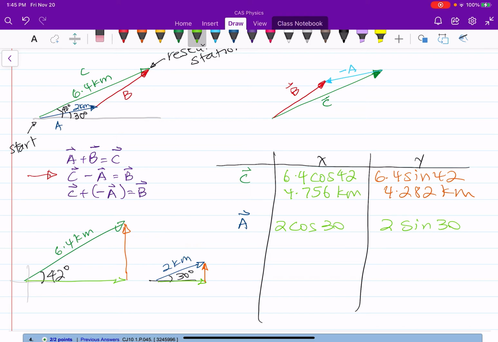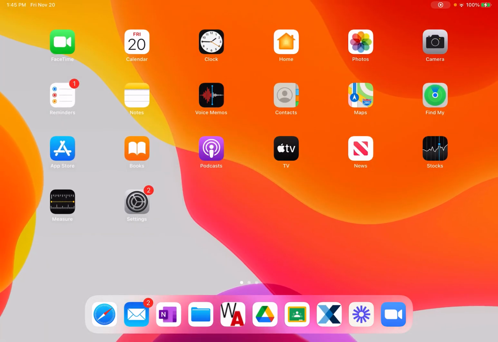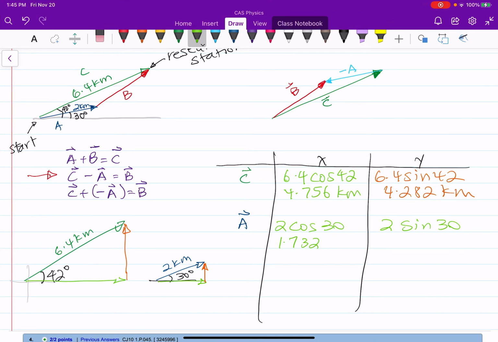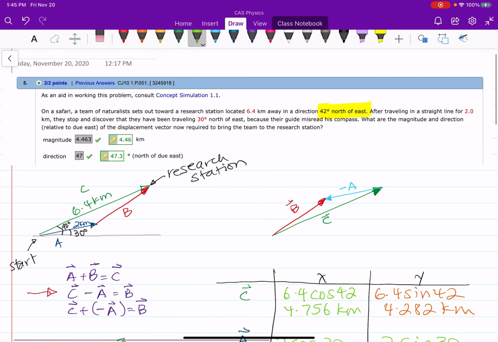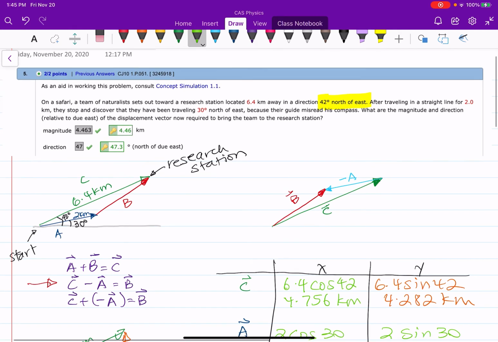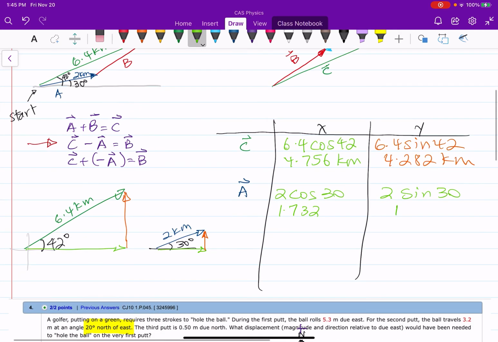So putting those numbers in, 1.732, let's just leave it at that, and then 2 times sine of 30 is just 1. I hope I got those numbers right. Yes, 2 sine 30 is just 1 kilometer.